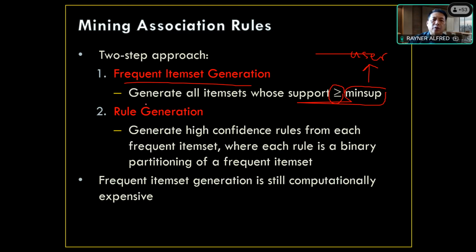Based on this frequent atom set, we can then look at the rules that have high confidence. Remember that we look into the frequent atom set first, then we filter using the confidence.